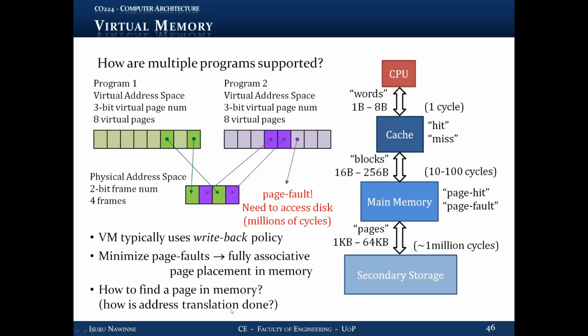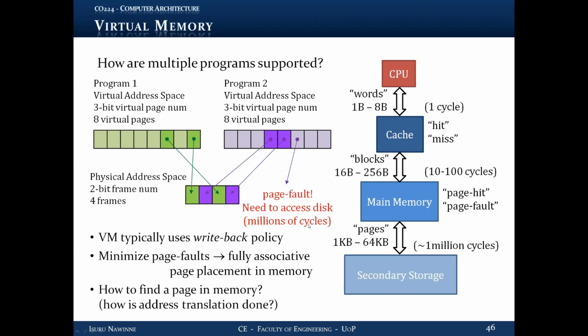How the address translation is done is the answer to this other question: how to find a page in the memory? You access the memory to know whether that is the page that you are looking for. How to know that? That is done through address translation, right? So it's a different mechanism. It's not a mechanism that we have used in caching.